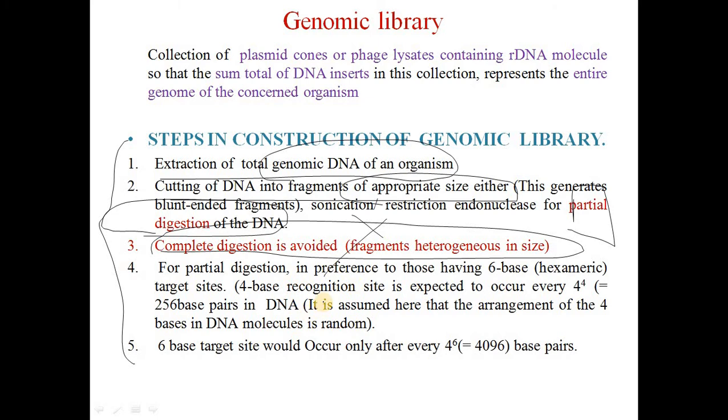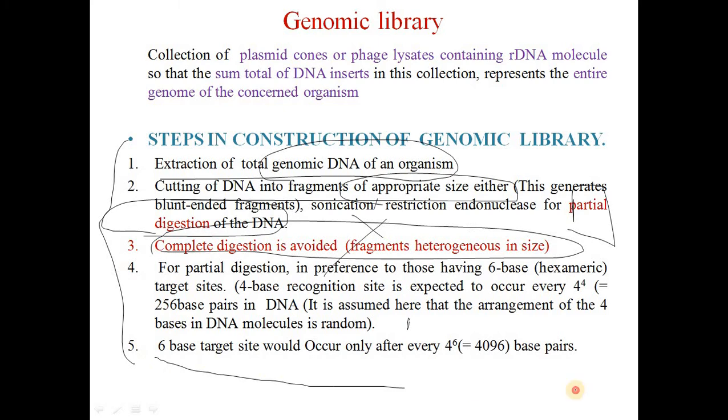For this digestion, a 4 base recognition site is preferred, because a 4 base site occurs every 4⁴, that is 256 base pairs in DNA, since the arrangement of the 4 bases in the DNA molecule is random: adenine, guanine, thymine and cytosine.